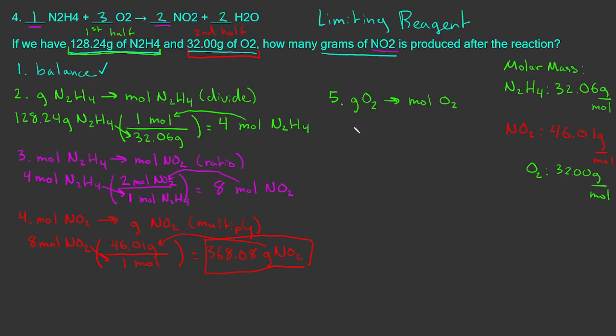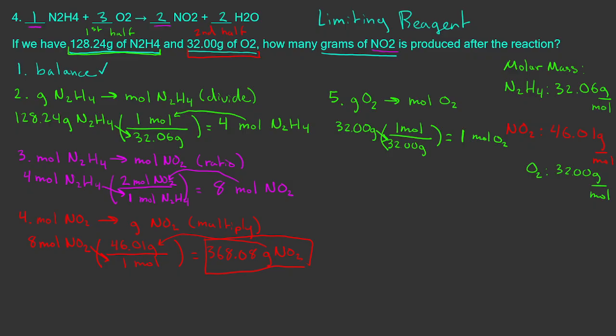And so we have 32.00 grams, and we use a ratio to get us to moles of O2. Our ratio is going to be 1 mole over 32.00 grams, from our molar mass. Remember, an easy way to know this is that grams goes down here. And so we have 32 divided by 32, so we have 1 mole of O2.